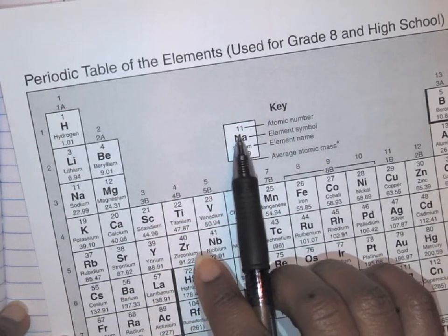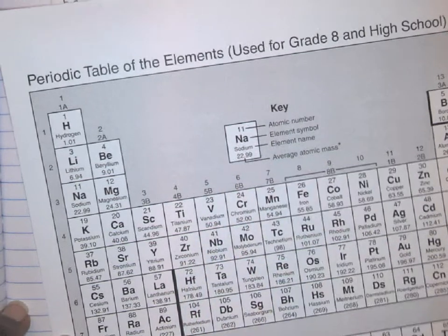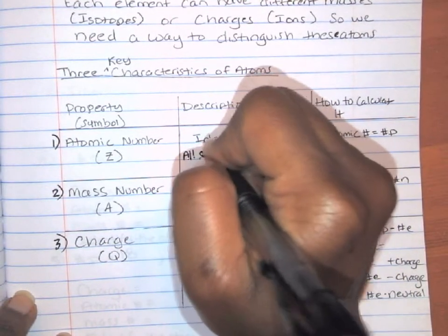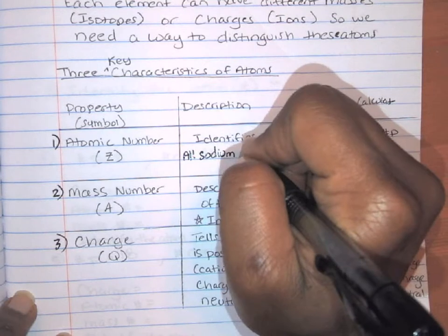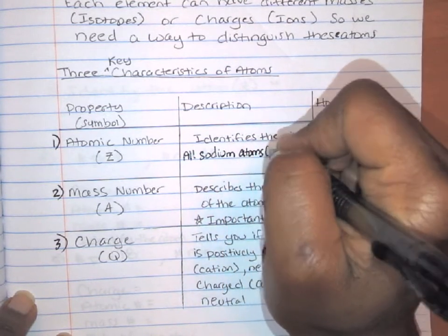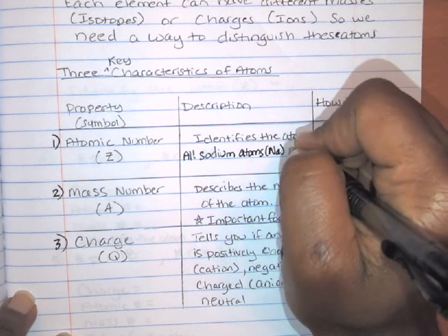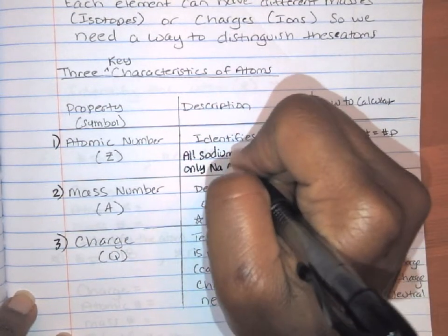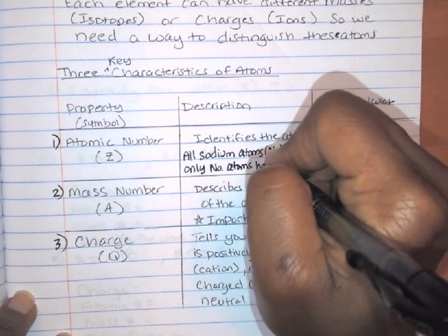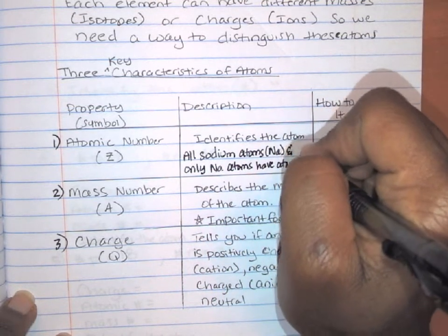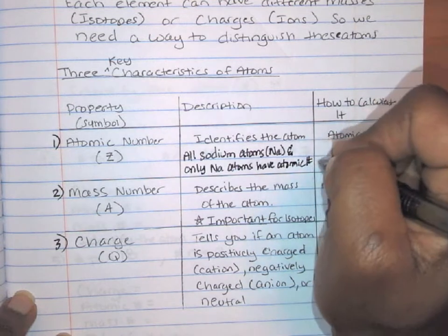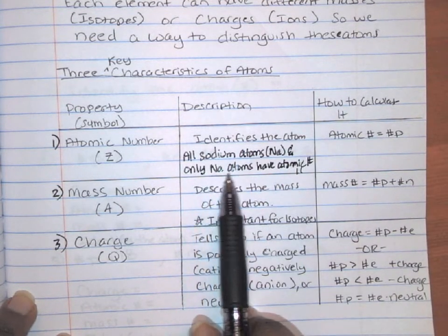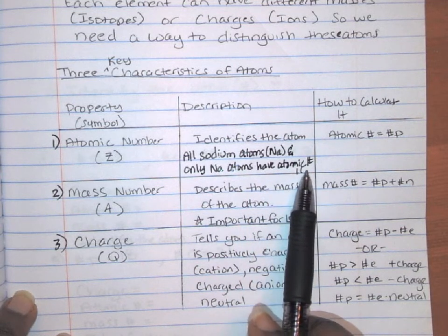So all sodium atoms and only sodium atoms have an atomic number of 11. Okay, that says all sodium atoms and only sodium atoms have atomic number of 11.